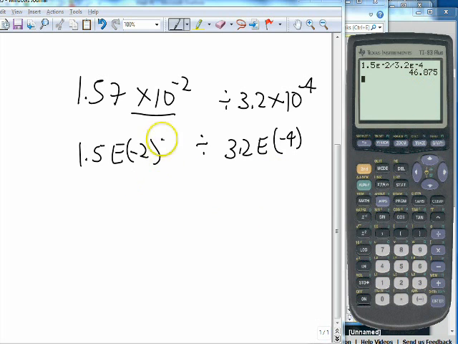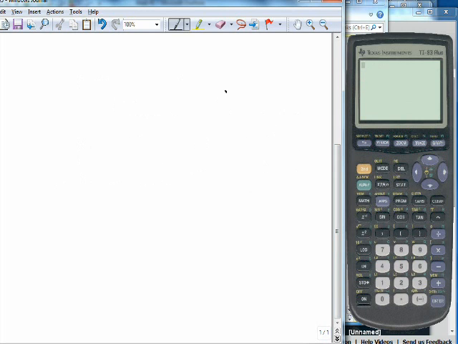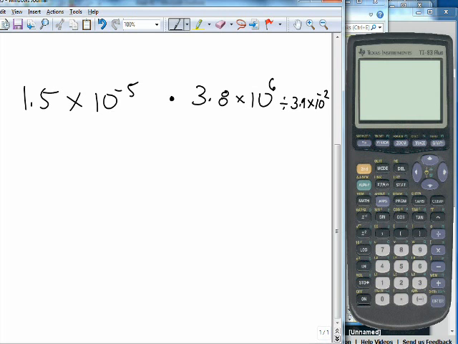Now, if you were to do this with parentheses and exponents, it would take a long time. It would just be crazy. So the E is a great key to use. You can just go ahead and type it in. Let's say we have 1.5 times 10 to the minus 5 multiplied by 3.8 times 10 to the 6 divided by 3.9 times 10 to the minus 2.